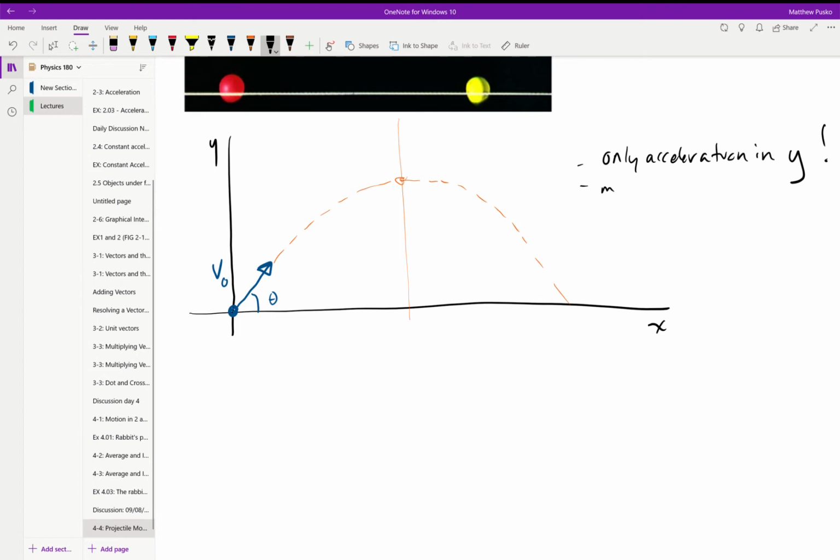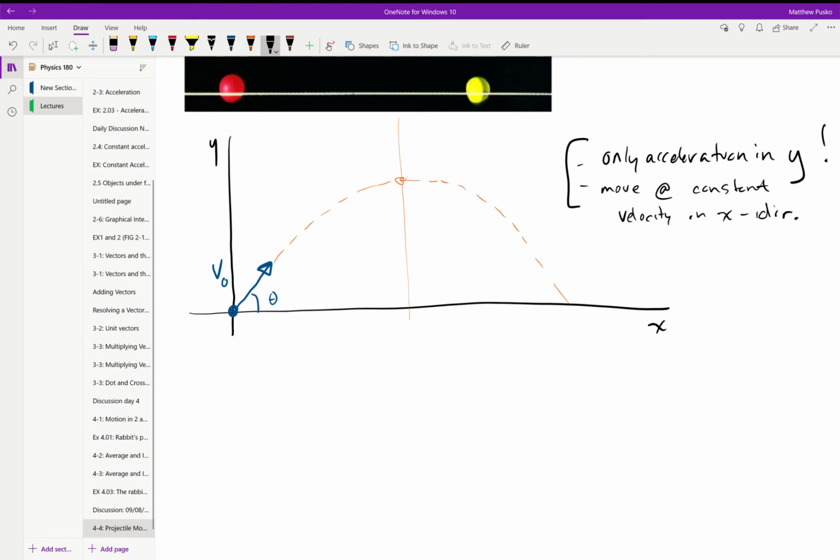We move at a constant velocity in the x direction. So we've got to memorize these facts. They're just little tidbits that we must know to be able to solve these problems.